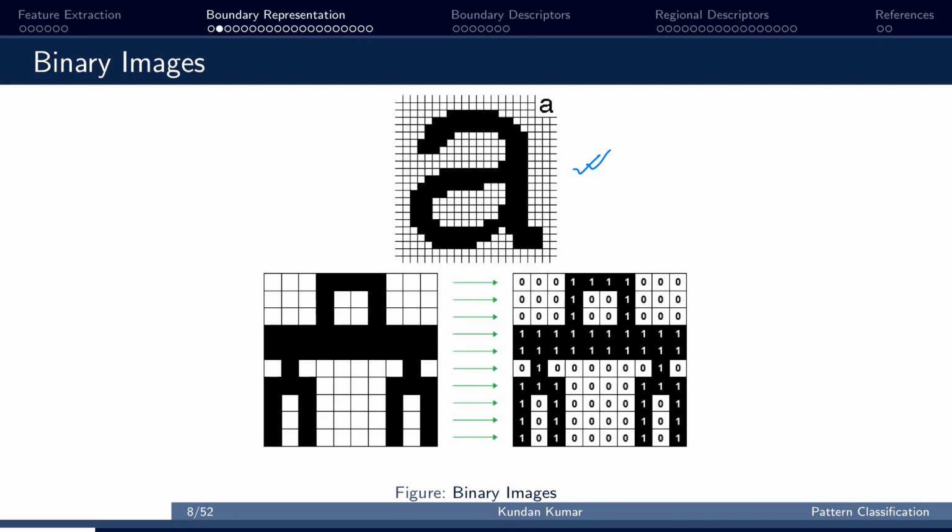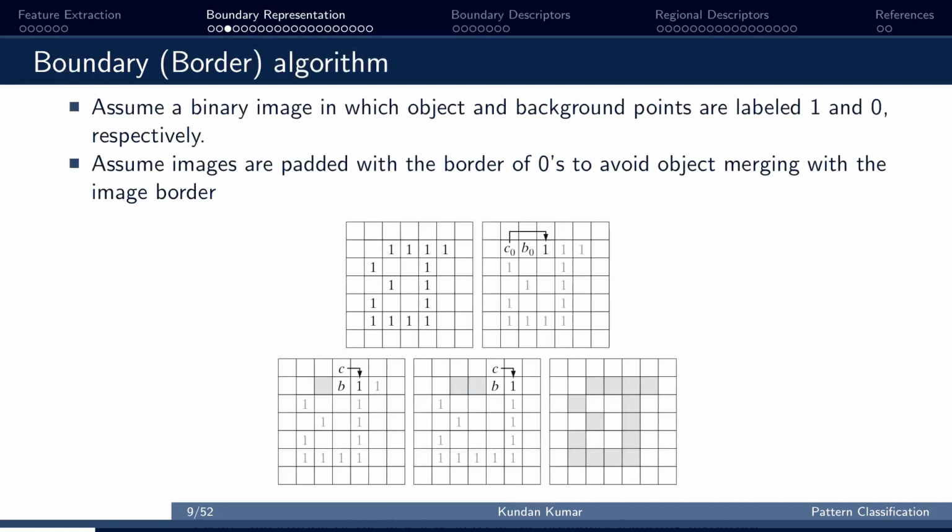If the pixel belongs to the object, then the pixel value will be 1, and if the pixel belongs to the background, then the pixel value will be 0. So how can a binary image be represented in some form so that the computer will understand?